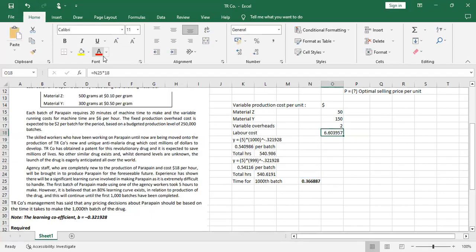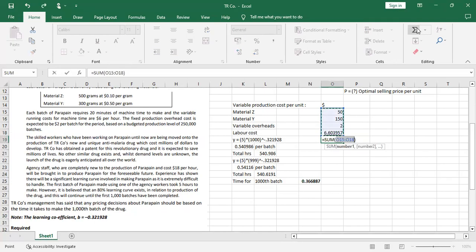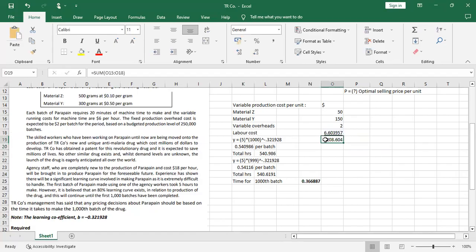Now you have the labor cost. So now you have the total variable production cost per unit, which is 208.604. You have calculated your variable production cost per unit. Any question related to variable production cost per unit?